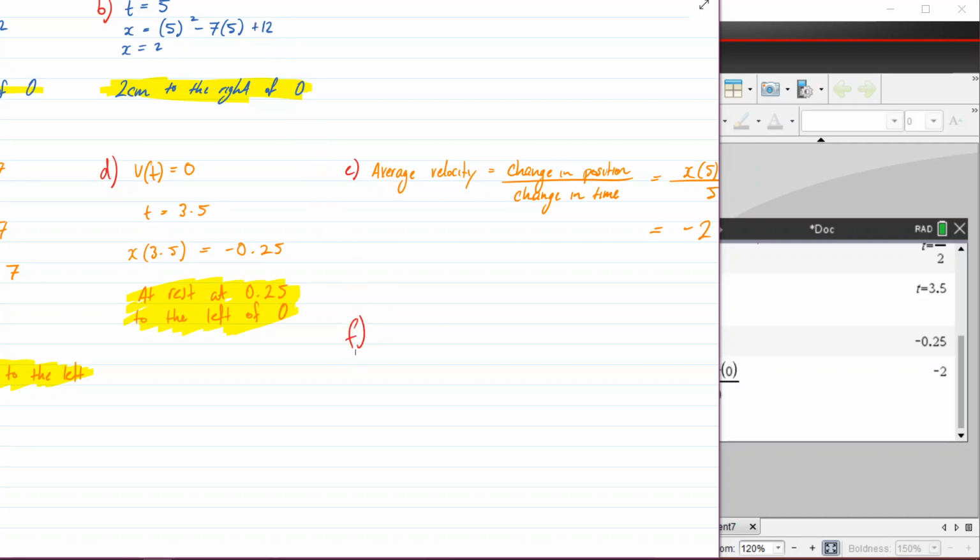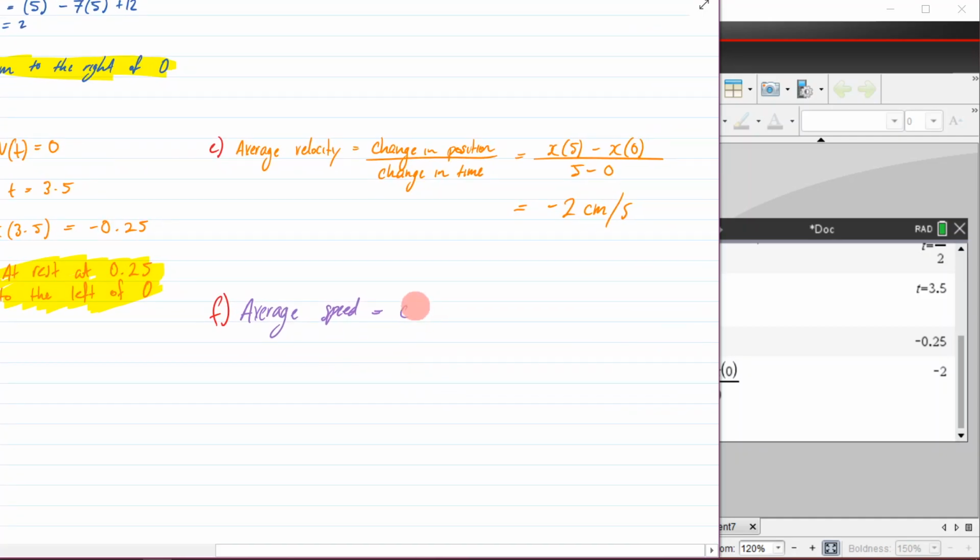So we're now going to figure out average speed, which is going to be change in distance, not just change in position. Let's just say distance over time to make it really straightforward. So what I need to find now is my total distance.